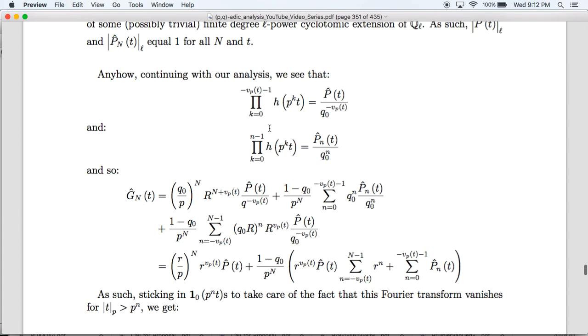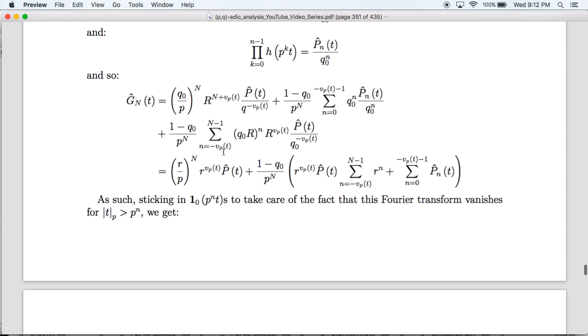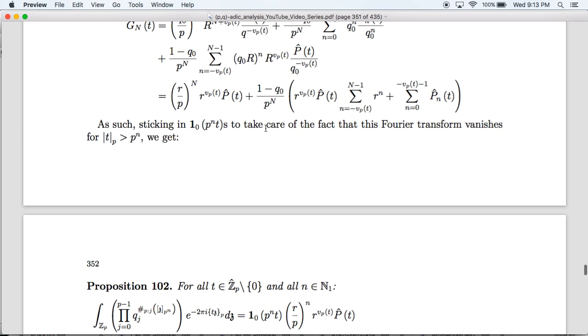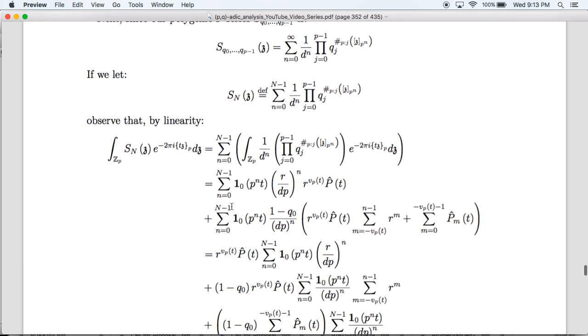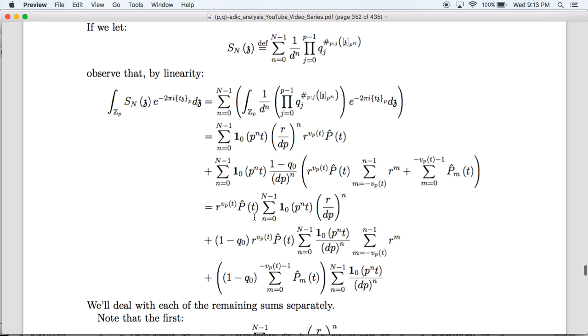And yes, because that's right here. Yes, Q0 times R times big R is little r. And so, anyhow, doing this, when we multiply everything out, we get these 3 terms.